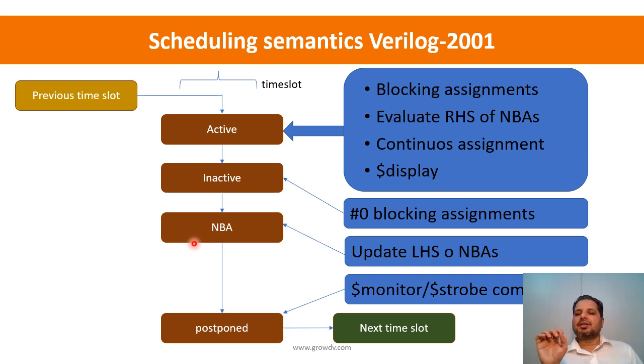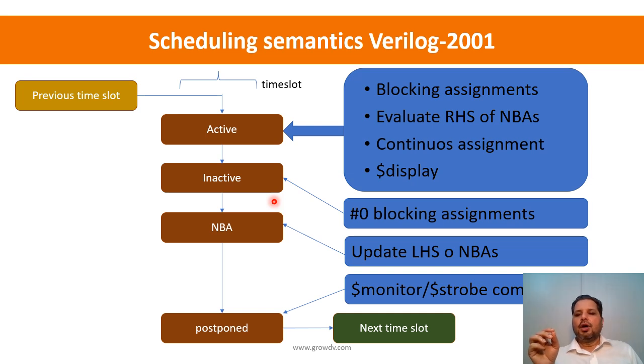If you remember this as a key concept of the scheduling semantics for Verilog, this is good enough to understand how you can prevent race conditions, and that is the motivation behind understanding all of these scheduling semantics. We are not going to implement the simulator, but we still need to understand it, because we want to know how to prevent races and why we need to follow the coding guidelines.